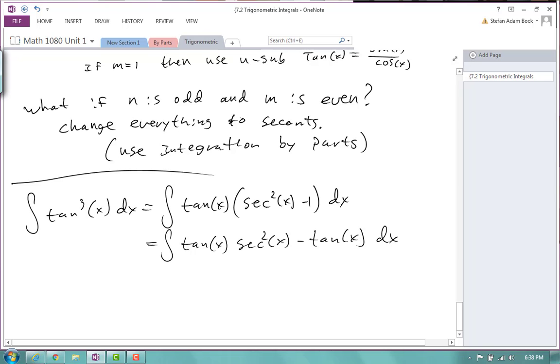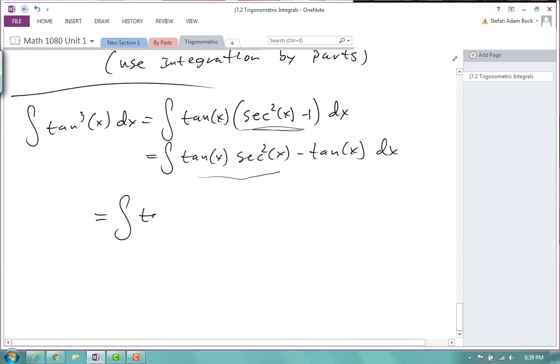Now the reason I brought this up is however many tangents I have here, I'm going to have a whole bunch of these secant squared of x minus 1s. And what's always going to happen after I multiply it out is I'll have a whole bunch of secants with one tangent attached to it, and then one tangent at the end standing alone. So I'll split this into two integrals.